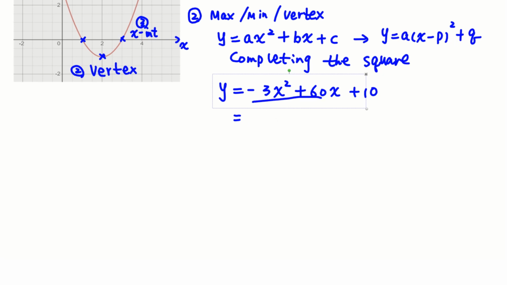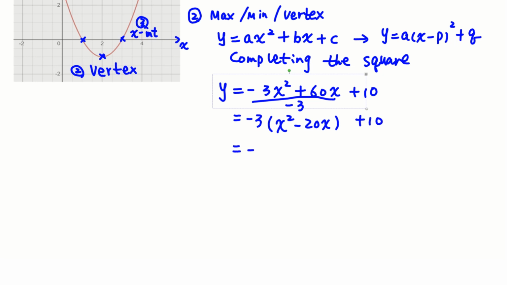When converting to vertex form, make sure that in the bracket you have a simple 1x squared. So divide the first two terms in standard form by the a value. You will have x squared minus 20x here. Then leave the 10 outside.